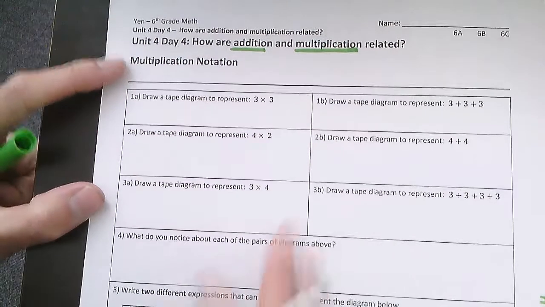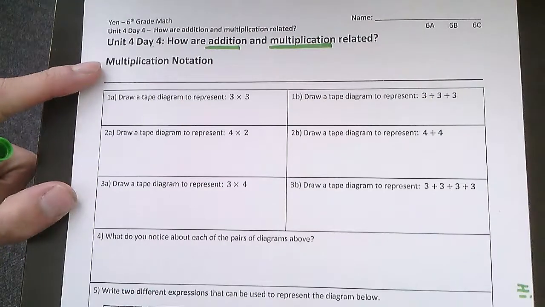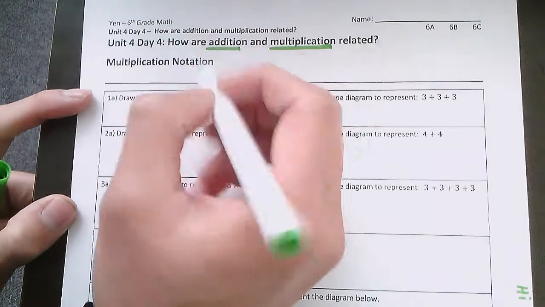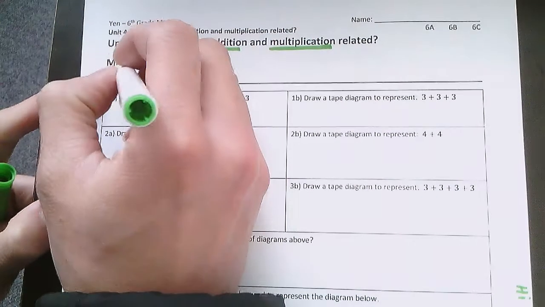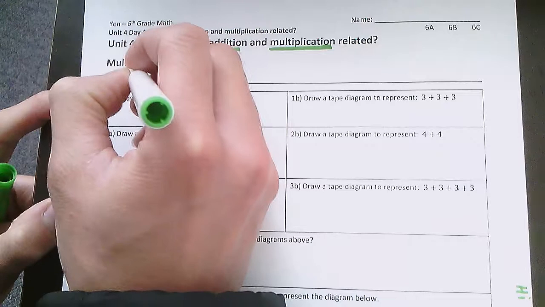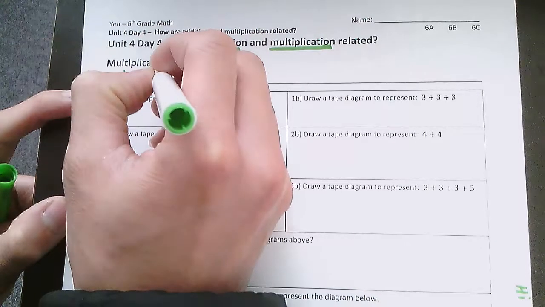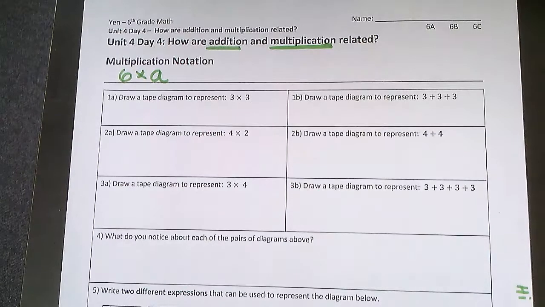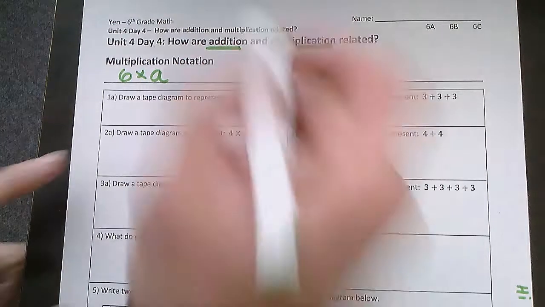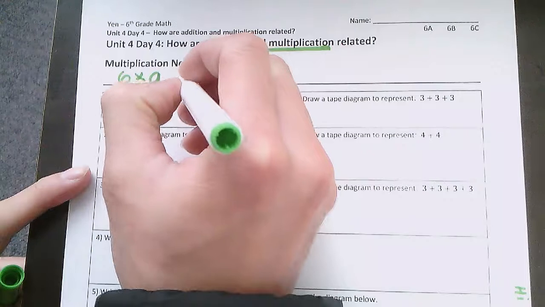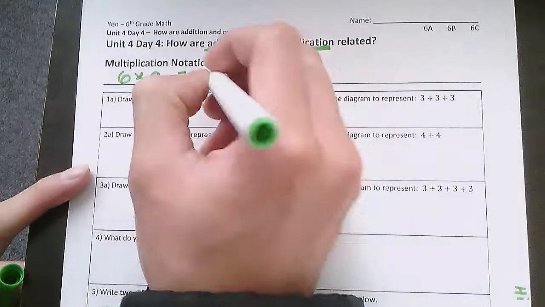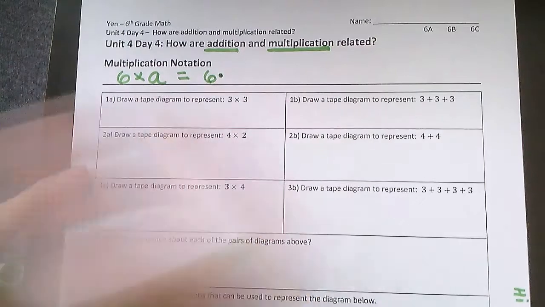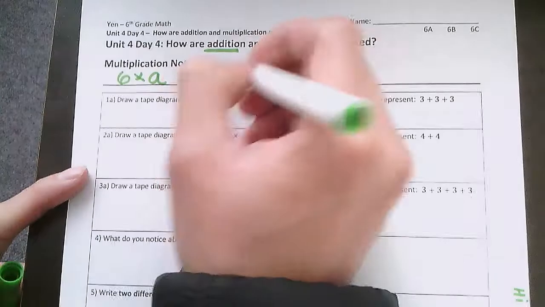First, let's talk about different ways we can write out multiplication, or multiplication notation. If we're multiplying a variable, let's say we're doing 6 times a. Make sure you write this down too. Yesterday we learned that one way we can write 6 times a is 6 with a dot, or a little point, just like that.